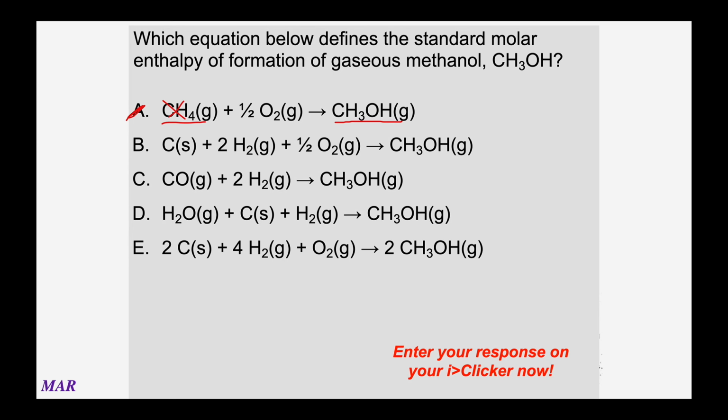The second one, we have 1 mole of product, and if you look at that, elements in their standard state. So C of solid is usually graphite, 2 hydrogens, half of an oxygen, and that's important. You must have 1 mole of product. And because O2 is a diatomic, you have to use a fraction here.